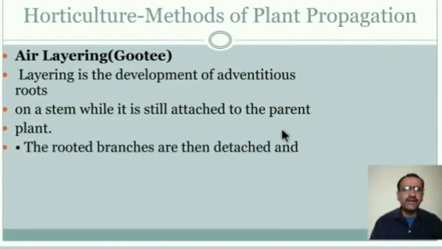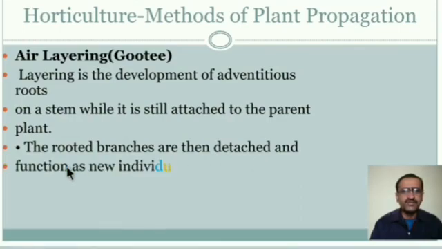The rooted branch is then detached. After some weeks, roots arise on that specific part, and from that part the branch can be detached from the parent plant and then function as a new individual plant.